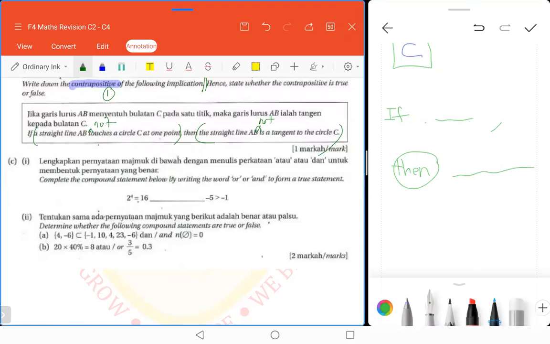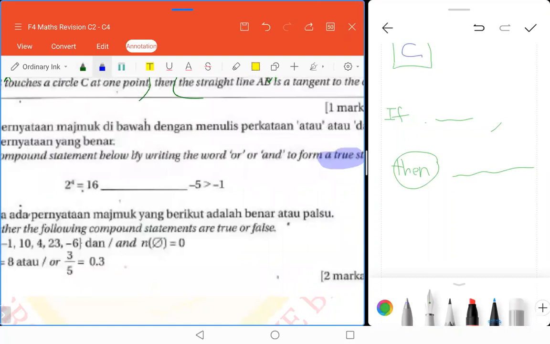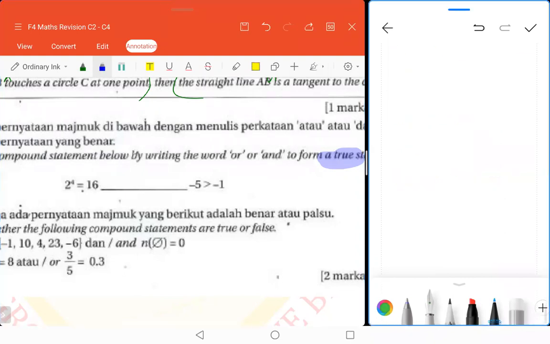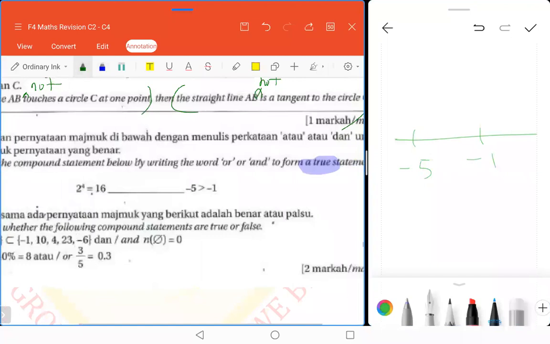Complete the compound statement. Just add in the or and to form a true statement. So 2 power to 4 is equal to 16. -5 greater than -1. Okay, just show you -1 here, -5 is here. So is this correct or not? This one, 2 power to 4 is 16.